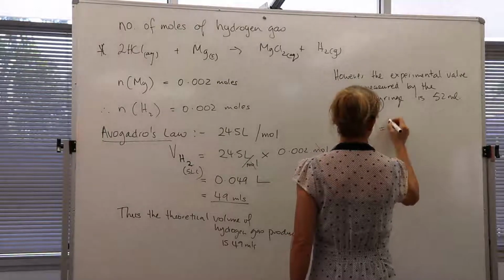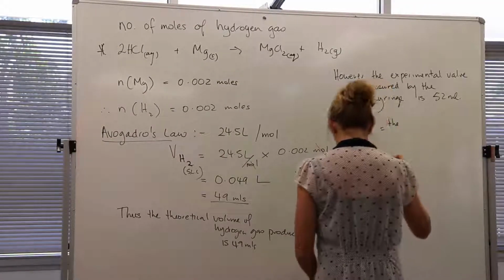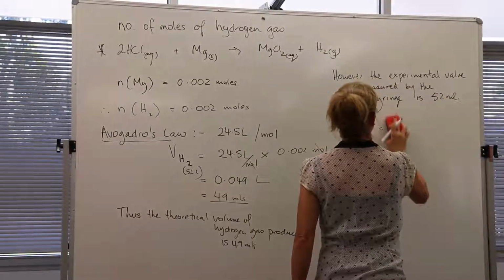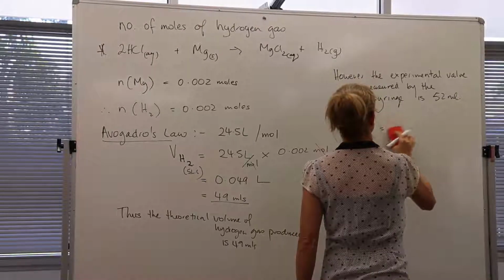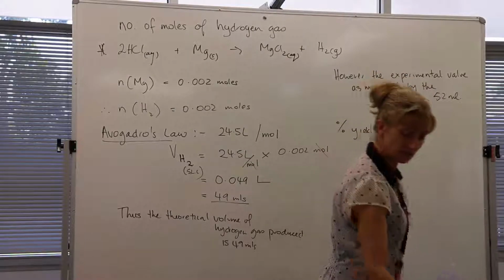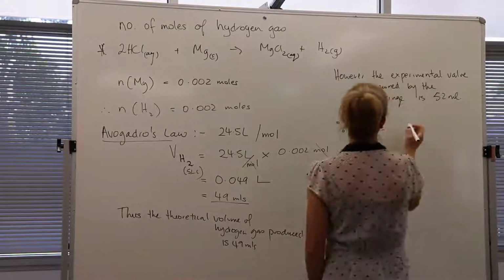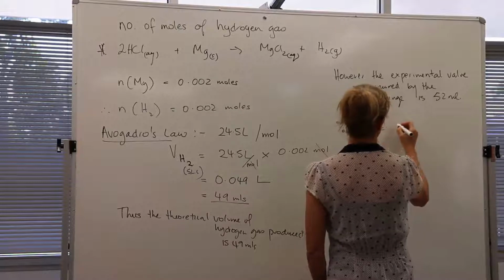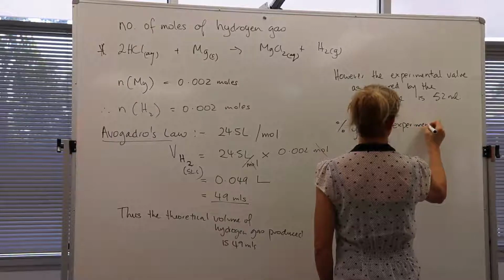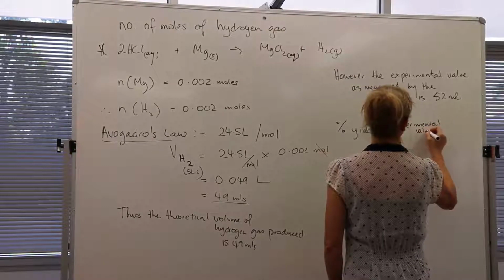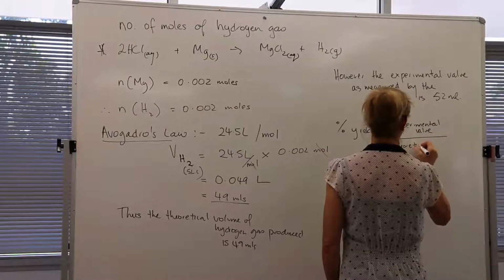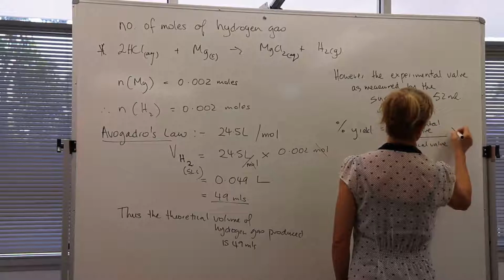Percentage yield is the experimental value over the theoretical value times 100.